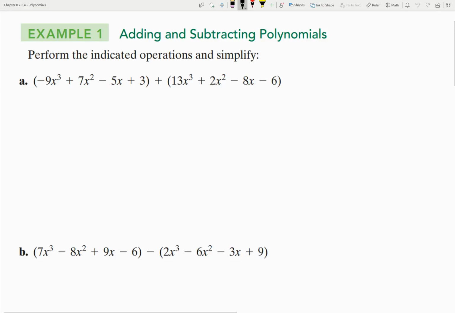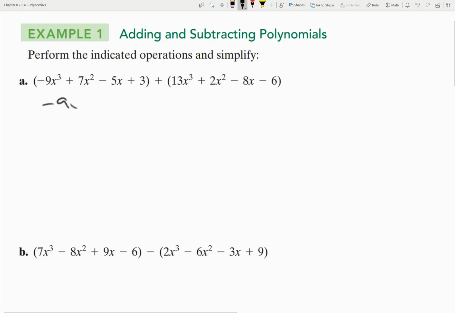So when we look at this expression and we have these different polynomials, we'll take the first one very slowly and talk about exactly how we're allowed to do this. We first use the commutative property that says we're allowed to add things together in any order that we want.